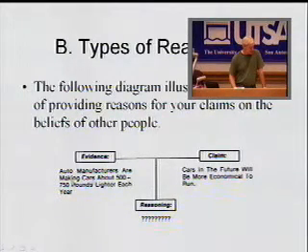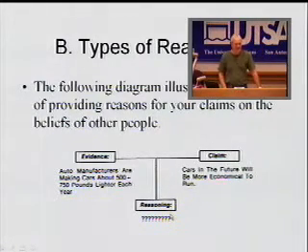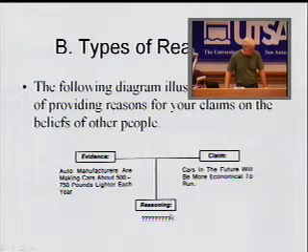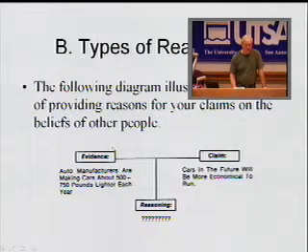The evidence is auto manufacturers are making cars about 500 to 750 pounds lighter each year. And your reasoning was... we all know now, 30 to 35 years later, this claim is completely unfounded. It is not supported by the reasoning nor the evidence anymore.